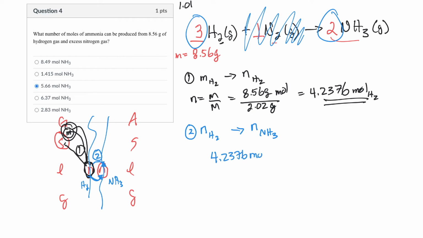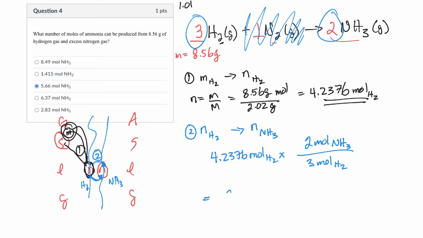4.2376 moles of hydrogen multiplied by 2 moles of ammonia per 3 moles of hydrogen. 3 moles of hydrogen react to produce 2 moles of ammonia. Okay, so now I multiply it by 2/3. So take that number you had in your calculator and just go times 2 and divide it by 3.